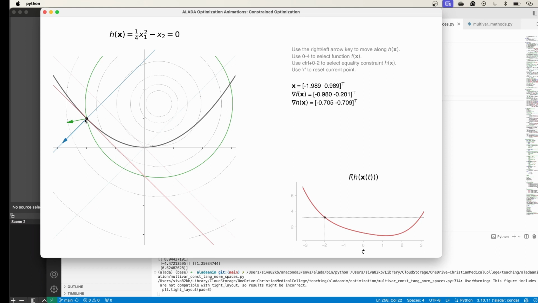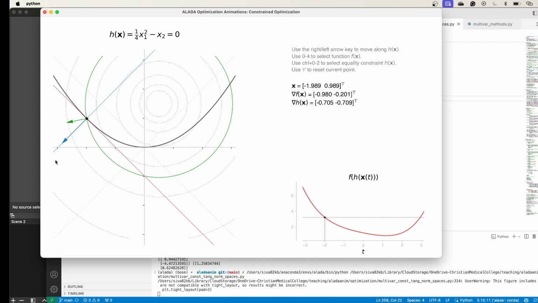Let's say this is some point on my h of x where I'm sitting, and the red line that you see is not really the tangent space, but it's parallel to the tangent space. And this blue line that you see is orthogonal, that is your normal space, or a space parallel to the normal space.